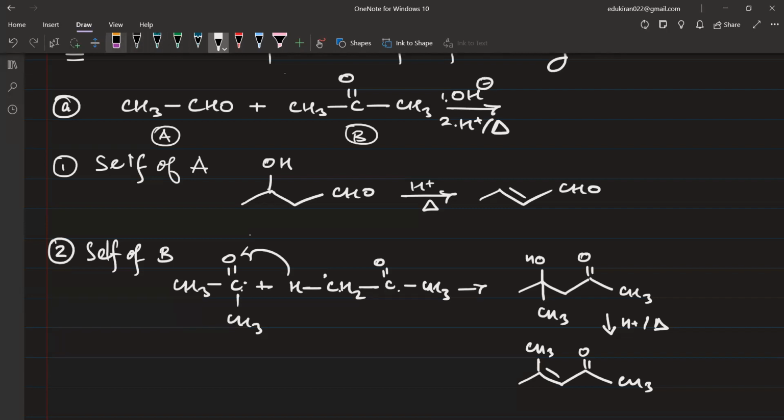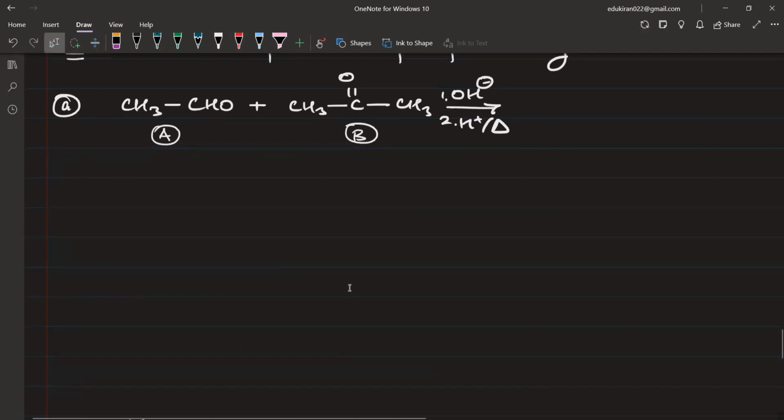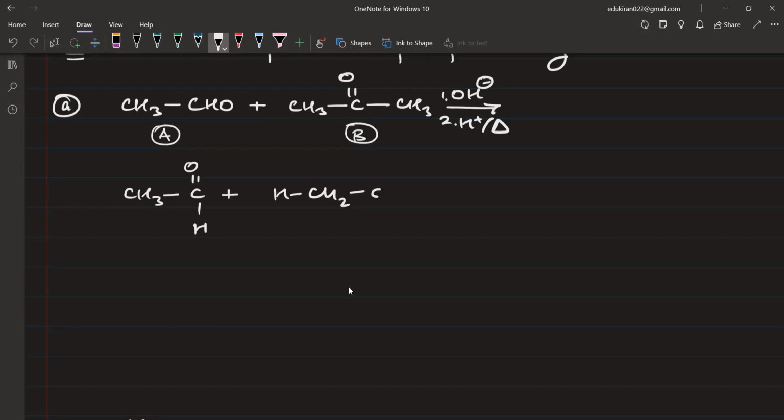Now let us look what is going to happen if I take A and B. Please see. एक बार क्या हो सकता है आपका, this hydrogen adds up to the oxygen of aldehyde. तो यहाँ पे आपके पास प्रोडक्ट क्या बनेगा?